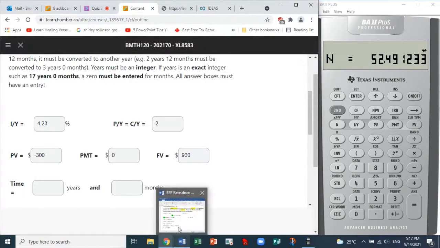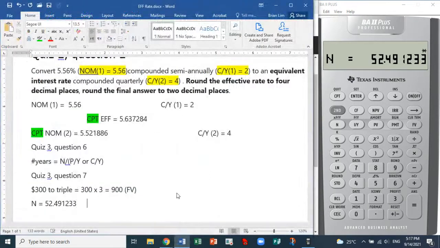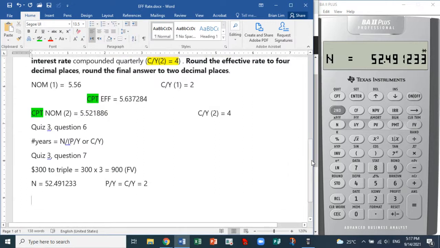Now, what is CY? PY equals CY is equal to 2. Okay, so let's move over a bit. We know that PY is equal to CY, which is equal to 2. So to get the number of years, what do we do? Well, the number of years would be equal to n divided by PY/CY, which is 2.